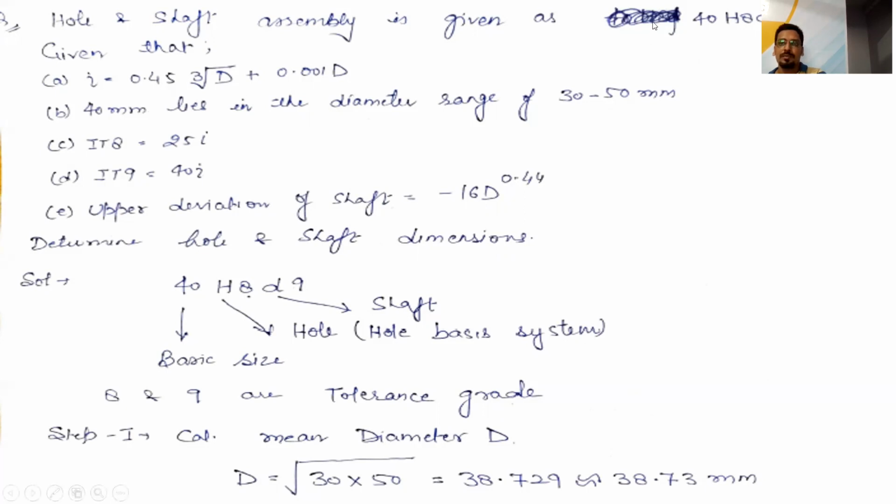This 40 mm, the basic size of the assembly, lies in the diameter range of 30 to 50, and the tolerance grade for the hole is IT8, so the IT8 value is 25i. D is the shaft, and for the shaft the tolerance grade will be IT9, that is 40i.